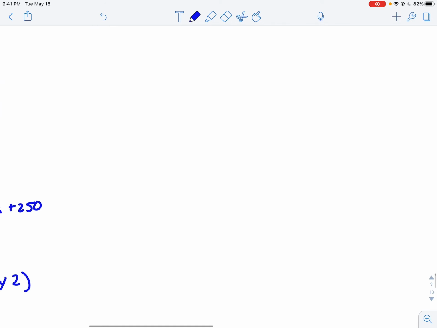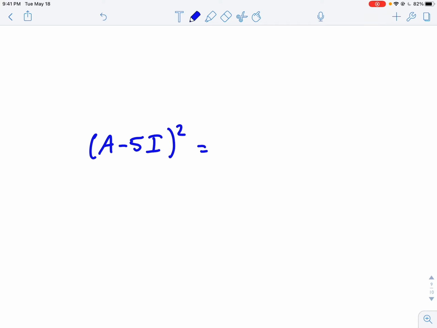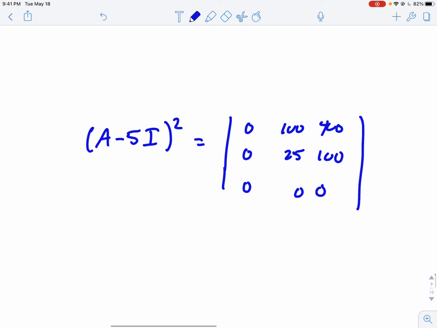Since lambda equals 5 has a multiplicity of 2, we are going to use this equation, A minus 5I squared. So we are basically going to multiply our initial matrix by itself, which gives us the new matrix 0, 100, 400, 0, 25, 100, 0, 0, 0.